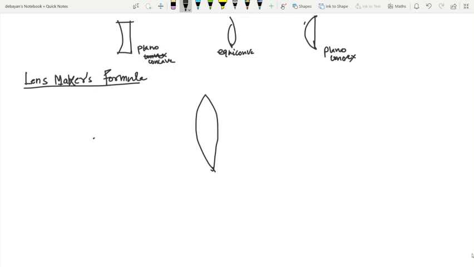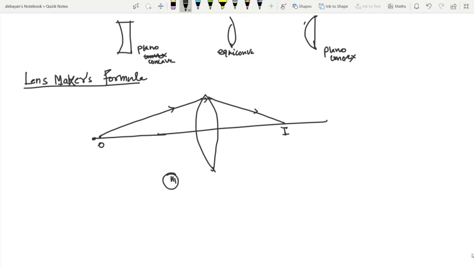If we take a point object, the rays will fall on the lens, get refracted through it, and meet at some point where the image will be formed. Say this is the refractive index of the material of the lens and this is the refractive index outside the lens, and we take the radii of curvature as C2 and C1 for the corresponding surfaces.